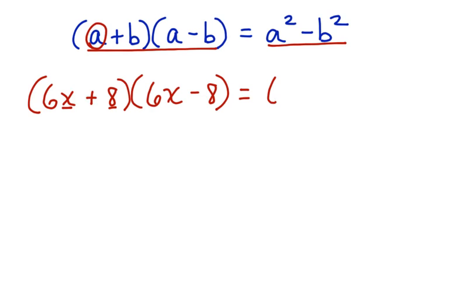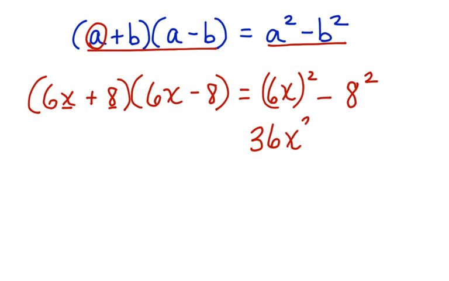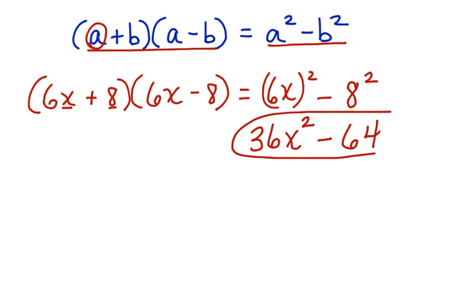So here we would have 6x squared minus 8 squared. 6x squared gives me 36x squared minus 64. This is my answer using the sum and difference formula.